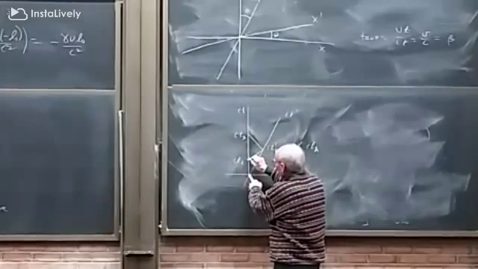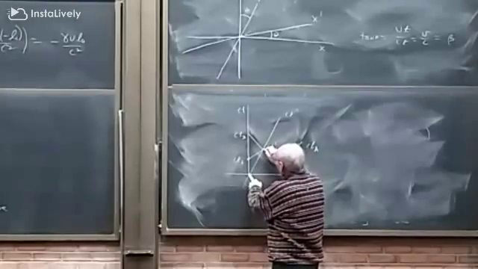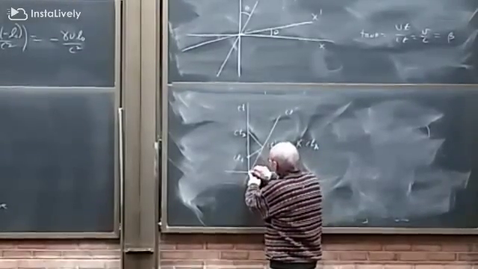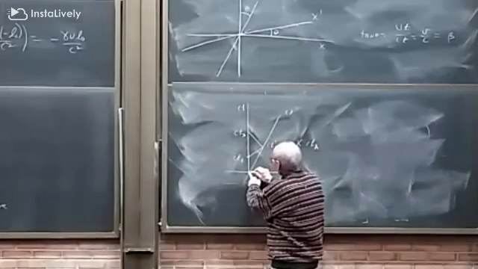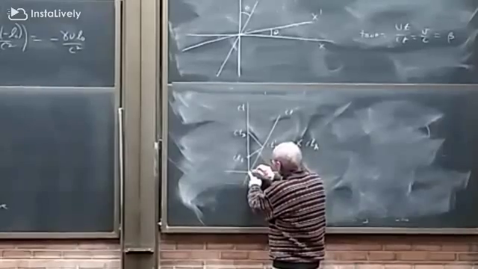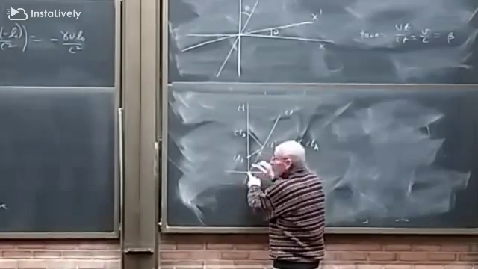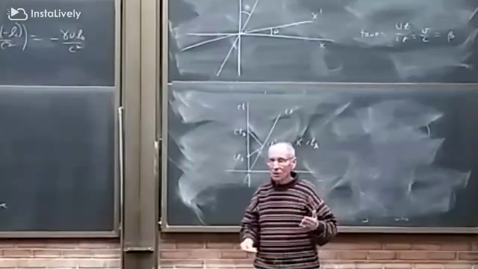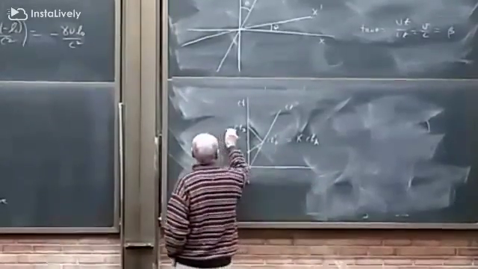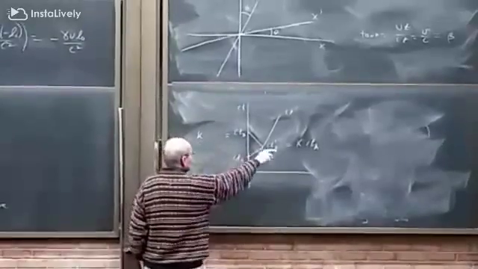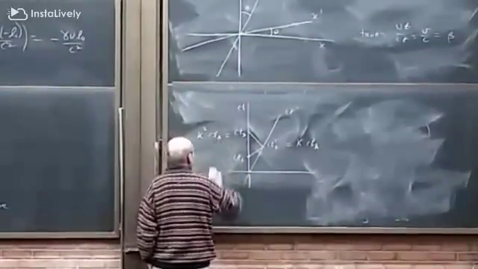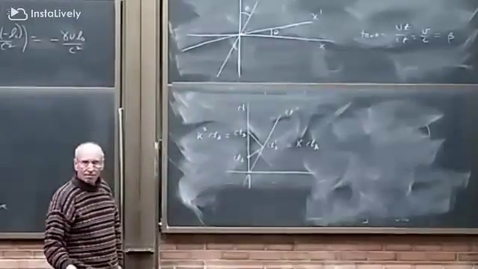Here the light ray originated on this one. Here it originated on this one. But the time to go from here to here compared to this must be the same relation as the time to go from here to here compared to that. They're the same situation. So this must be kappa times kappa CTA.